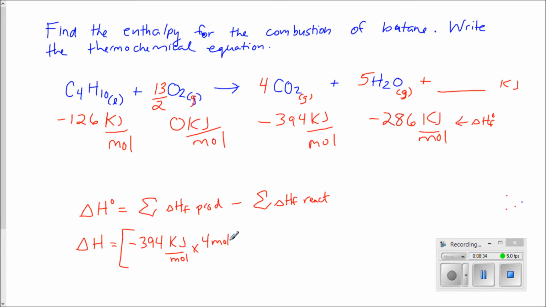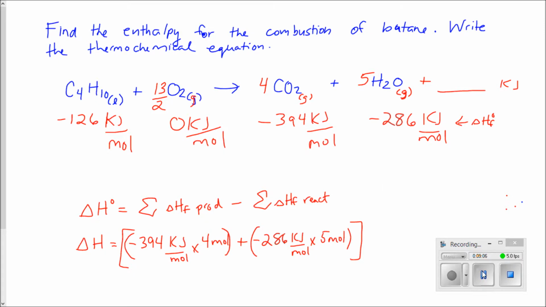And then I'm going to add that to what's going on with the H2O, which is negative 286 kilojoules per mole times the amount of moles that we have of water, which is 5. Okay, and then I'm going to close that off. I'm actually going to put each individual one in a circular bracket there, just to keep it organized. And that's all my information for my products.